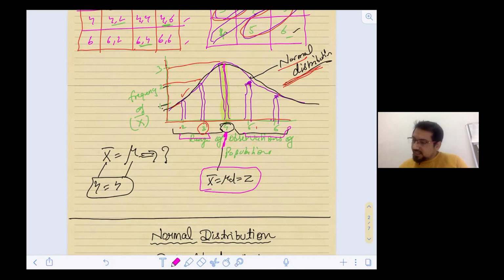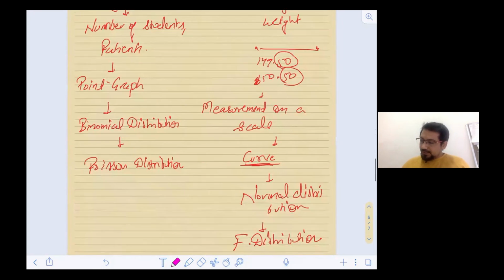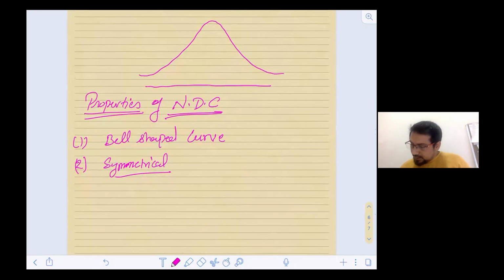We can say that normal distribution curves have the mean in the middle and the median in the middle, which means that the two sides are equally divided, and that's why we call it symmetry. Okay, symmetry.